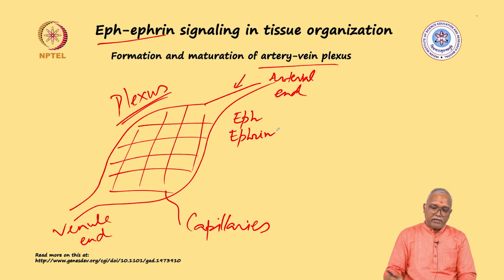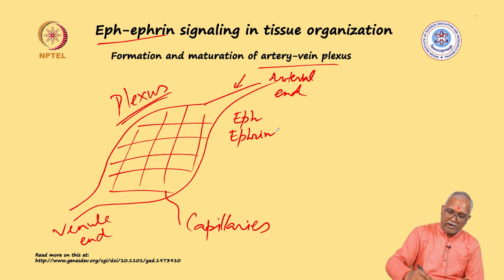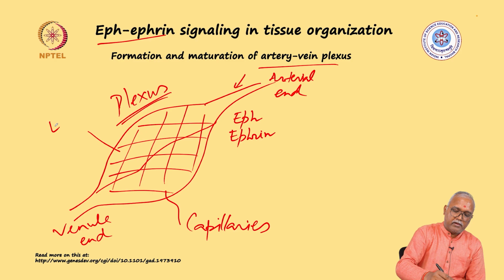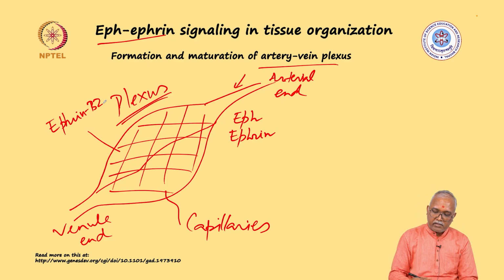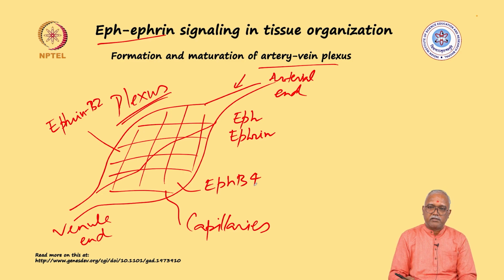So what is known is that if you think about a random distribution which is there in the beginning, one of the molecules which has been studied here is Ephrin B2, which is expressing in this region, and EPH B4 is expressing in this region. So when this plexus is developing at early stages, you have Ephrin and EPH distribution like this.